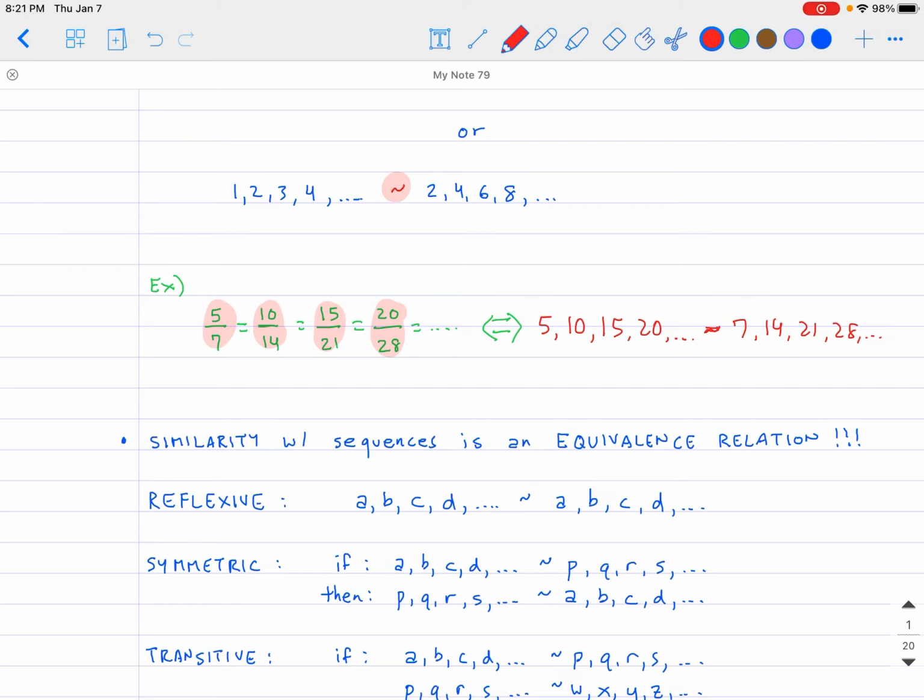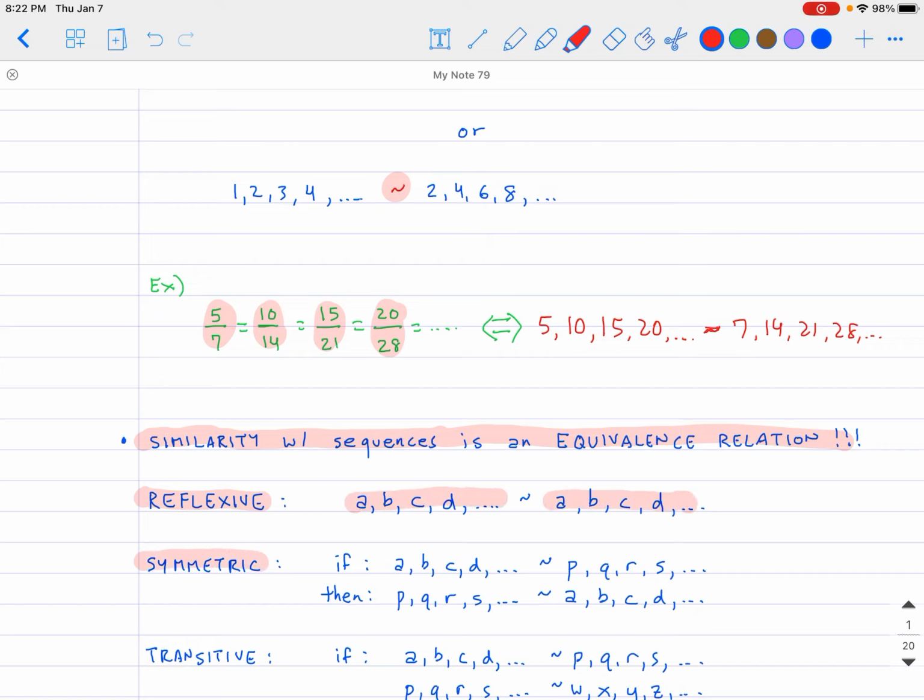That means the thing we defined at the beginning of the first semester also holds true: similarity with sequences is an equivalence relation. If you don't remember what equivalence relation means, it satisfies the following properties. The reflexive property says that a sequence of numbers should be similar to itself.